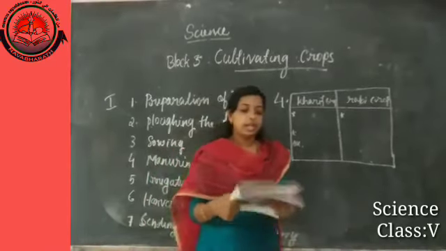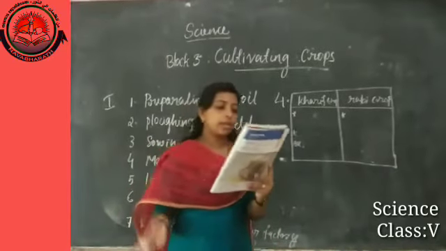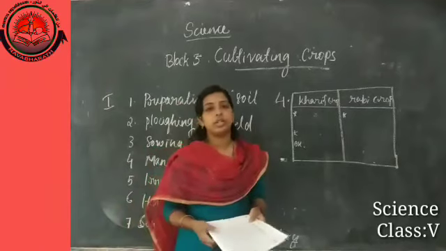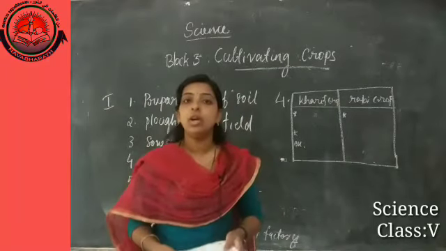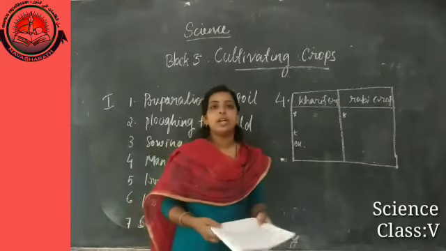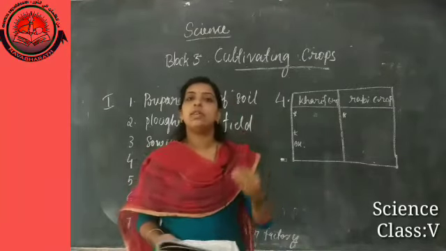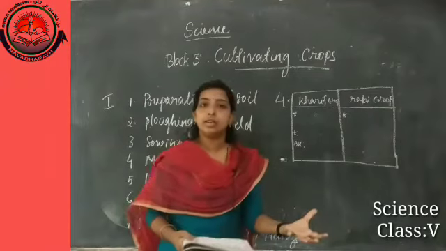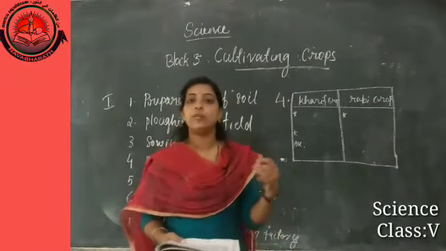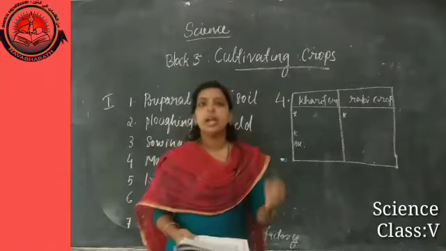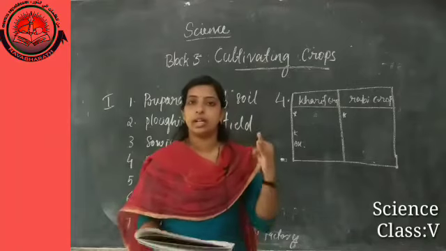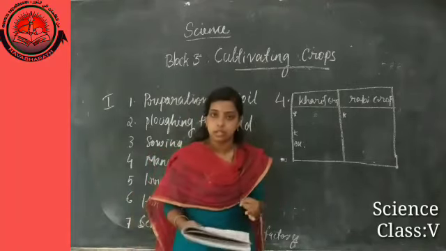Okay. Both the examples, 4 examples you have to write. Then our next question, what are the qualities of a good fertilizer? That answer you can write: it will not make any kind of pollution to the soil. It will not pollute the soil, and it increases water retention capacity, like water holding capacity in the soil.